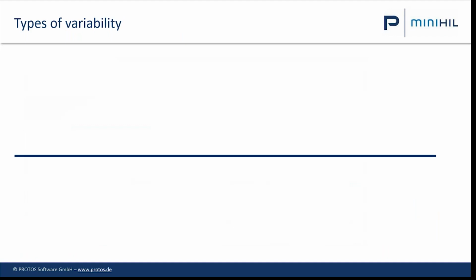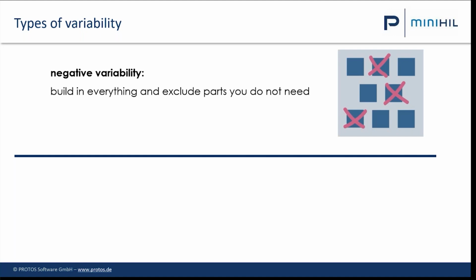Now let's start with a closer look at the types of variability you usually have in your systems. There are two different types of variability. There's the so-called negative variability: you build in everything and exclude parts you do not need. For example, you flash your complete code on your embedded system, and you have a configuration where you can activate or deactivate parts of your software functionalities.